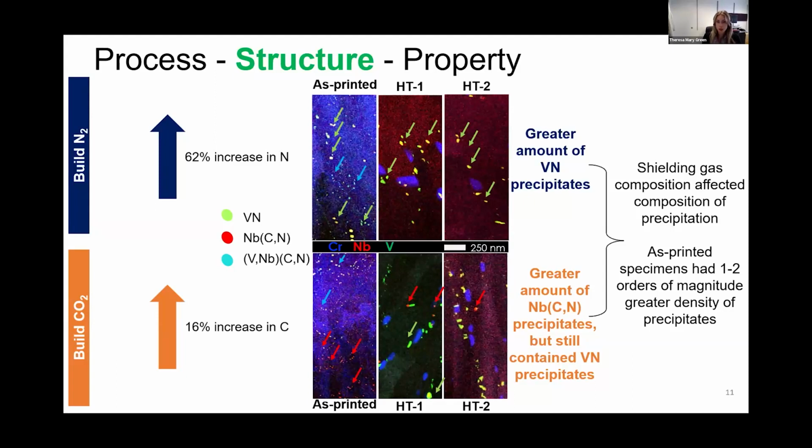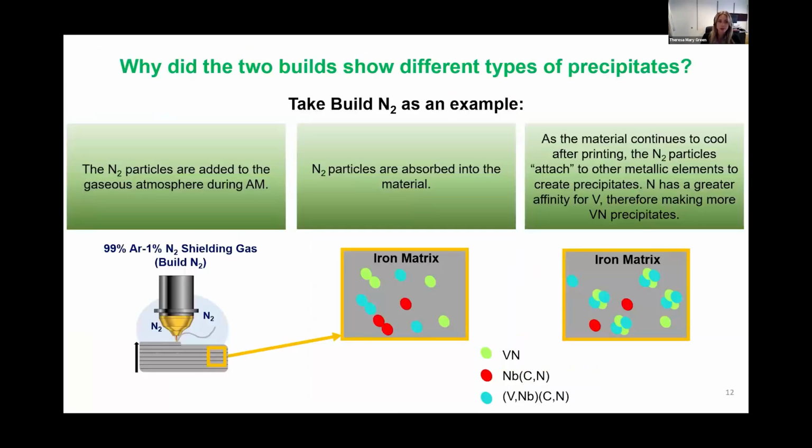But an obvious question emerges from these results of why the shielding gas atmosphere affected the composition of the resulting precipitates. So we can take build N2 as an example. First, the nitrogen particles are added to the gaseous atmosphere during additive manufacturing. And these nitrogen particles are then absorbed into the matrix of the as-printed material during printing.